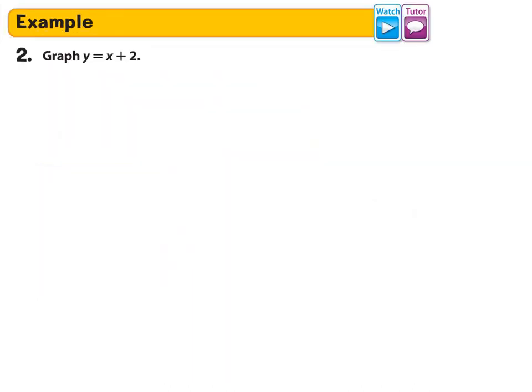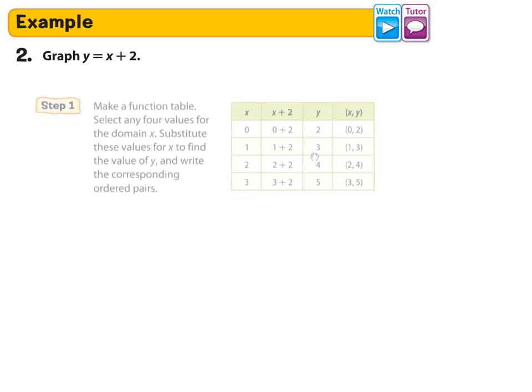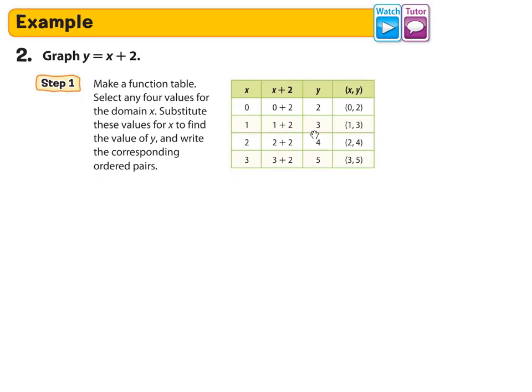Example number 2, we are graphing functions. So we're going to graph y is equal to x plus 2. So once again, we're going to make a function table. That's our first step. Our function table has our input, or our x, which is also our domain. So let me put input.